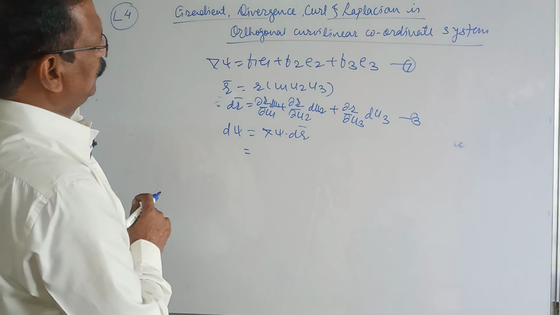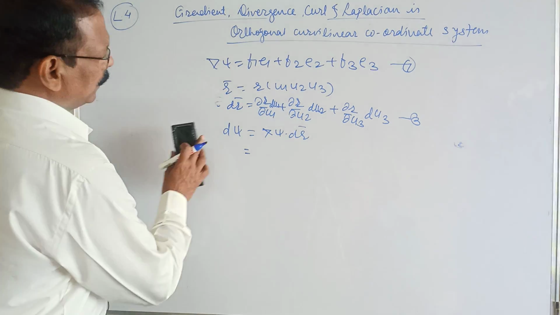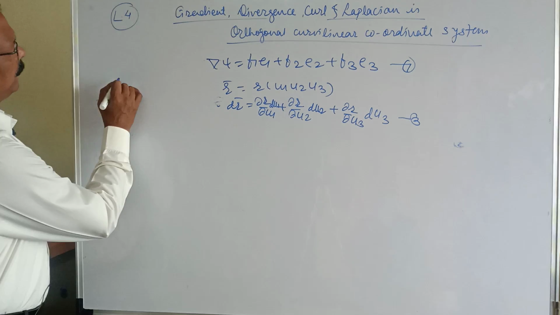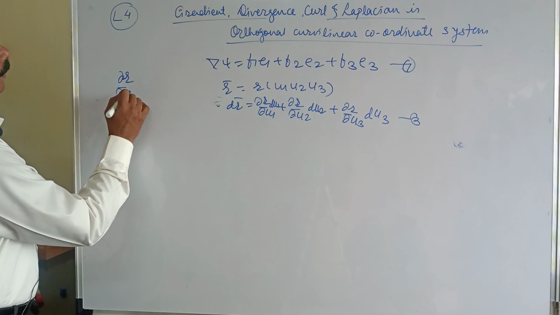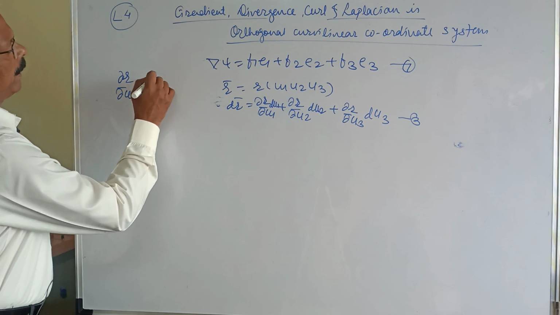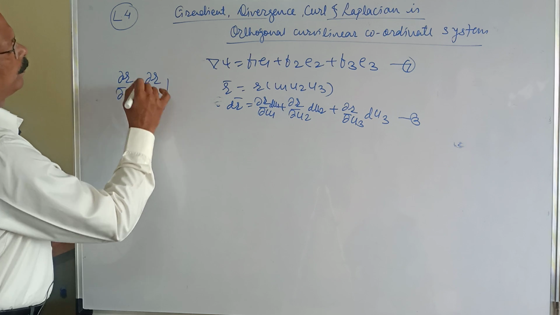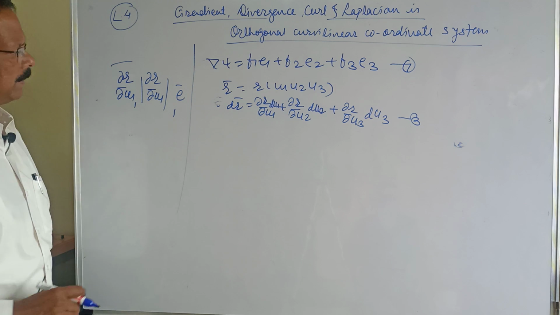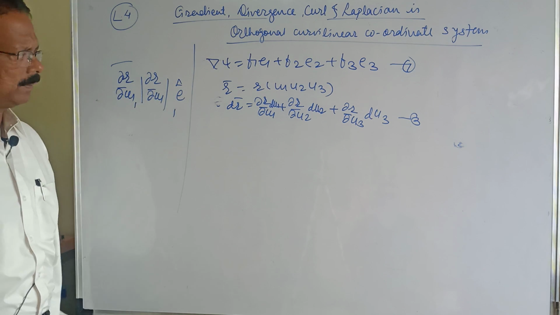Before that we must know what del r by del u is. Now del r by del u1 mod and e1: what is the relation between e cap and del r by del u1 mod?